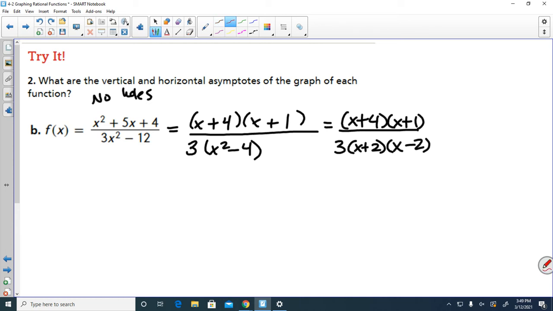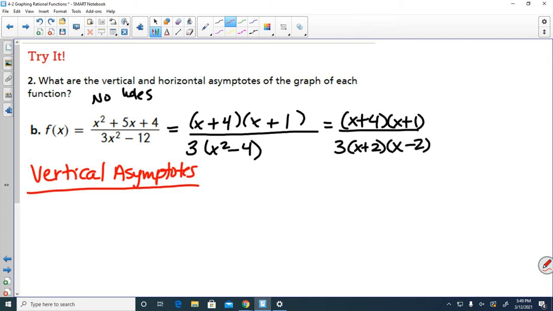Okay, so now let's find that vertical asymptote. To find the vertical asymptotes, I set the denominator not equal to 0. So 3 times x plus 2 times x minus 2 cannot be equal to 0 because you can't divide by 0. 3 doesn't equal 0, so that's fine. x plus 2 cannot equal 0. x minus 2 cannot equal 0.